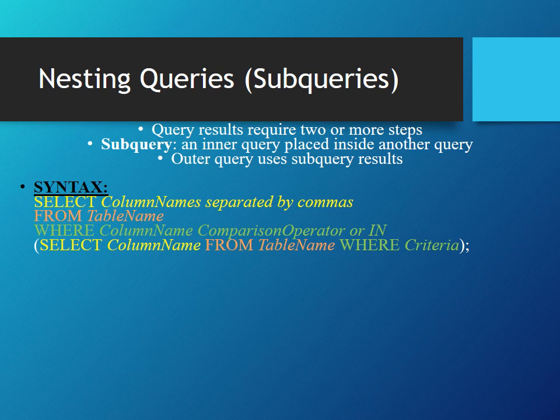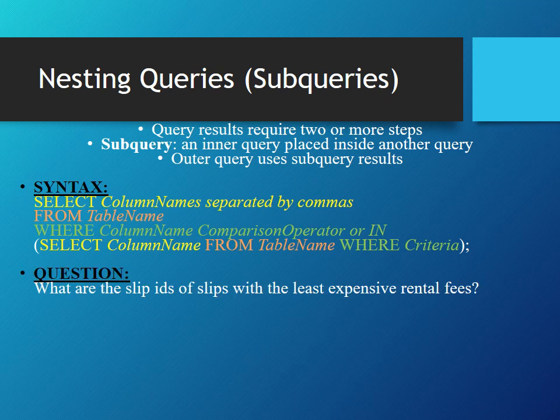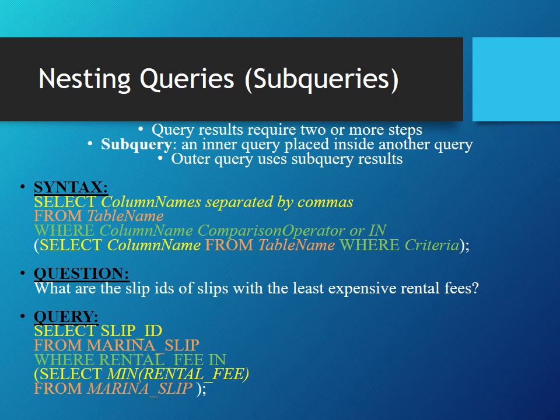I will demonstrate with a question. What are the slip IDs of slips with the least expensive rental fees? Okay, let's look at the query. Select slip ID from Marina Slip. For my innermost query, I must first figure out what the smallest rental fee is.